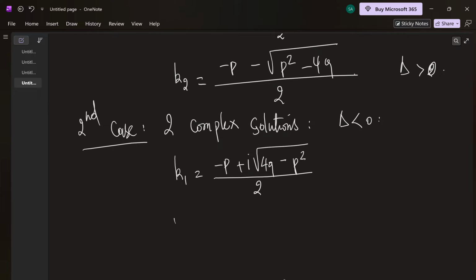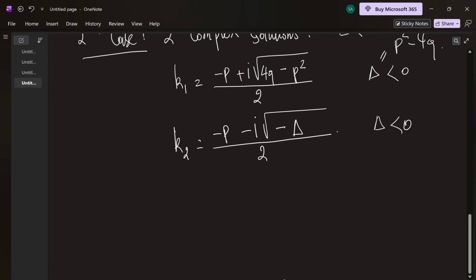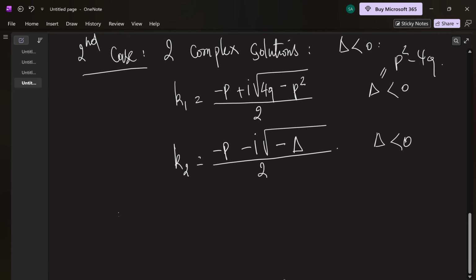And the second one, K2, is equal to minus p minus i times, I will simply write, minus delta, the inverse of delta. Here delta, of course, is less than 0, and delta is p squared minus 4q. Okay, so this is the second case that we will discuss, and we have the final case, or the third case.